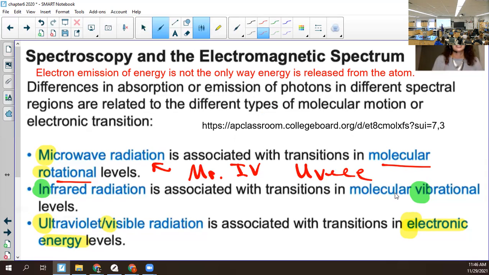Mr. means microwave, comes from rotational. Microwave, rotational. Mr. IV, where's that coming from? Infrared comes from vibrational. And then what do we have left? We have UV. That one, I don't know, that one's dumber. But ultraviolet or visible comes from electronic releases. Does that help at all?